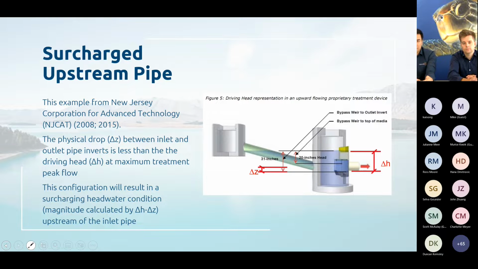Now, from the previous example that we looked at, where the physical drop between the treatment system is the delta Z, the total driving head is actually that delta H. So you will cause a surcharge to the upstream network, and that is the difference between the delta Z and delta H. And of course there will be some head losses as well from pipe friction, and depending on how many hydraulic structures it goes through, surcharge upstream will cause additional head losses as well.